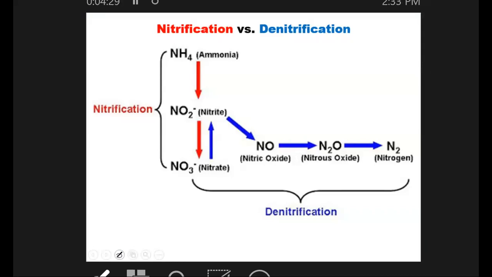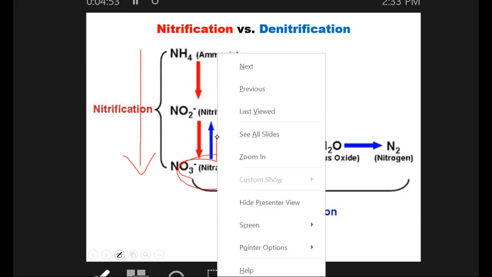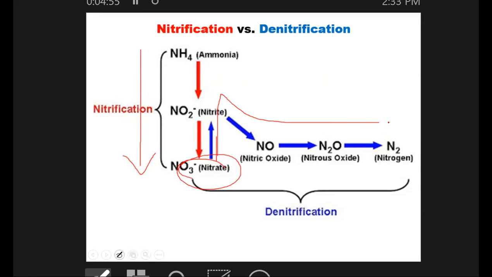Here they're showing the nitrification with the red arrows that we just looked at, taking it to nitrate. But then other microbes nearby will say, oh, you just excreted out nitrate. That's good because I'm going to use that as a starting point, and then they take it in this direction. So denitrification is taking nitrates and following the blue line to dinitrogen.